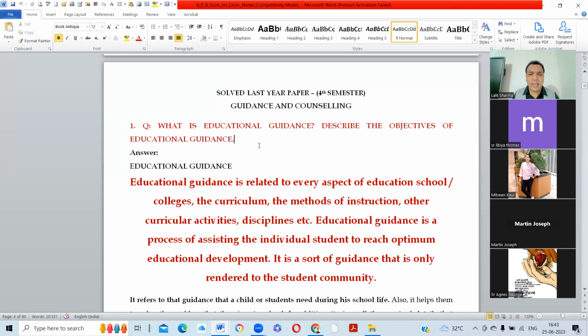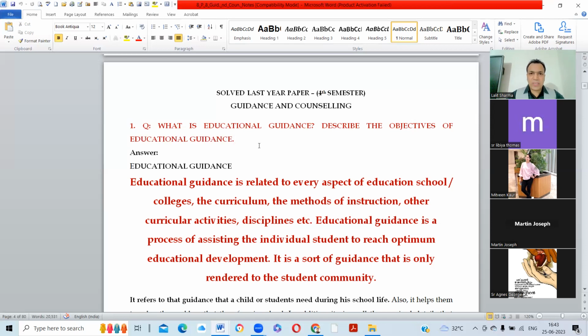Rabindranath Tagore has given a very beautiful definition in regard of the teacher. Teacher should be a friend, philosopher and guide. He has used the word guide. So guys, you have to understand, providing guidance is also the teacher's work. Sometimes we don't know about the duties and responsibilities of the teacher.